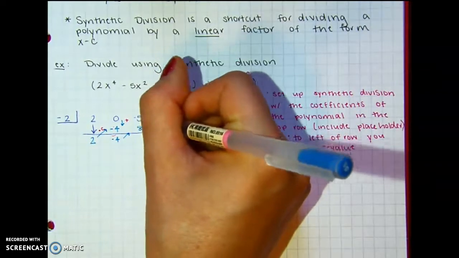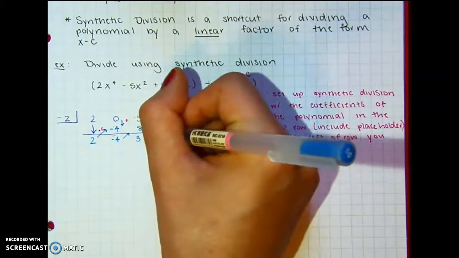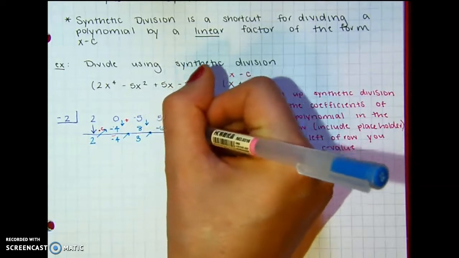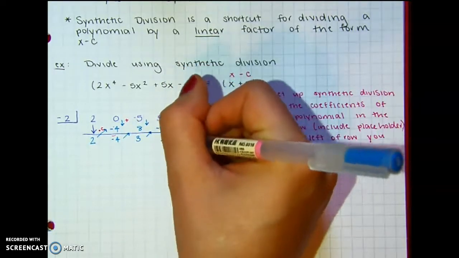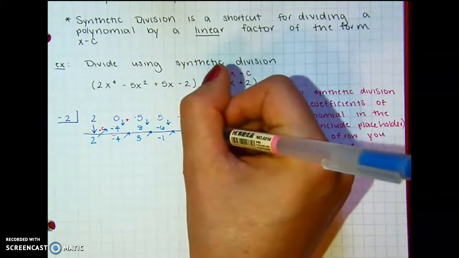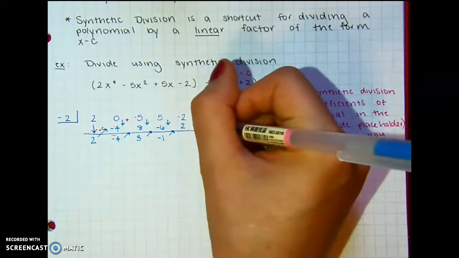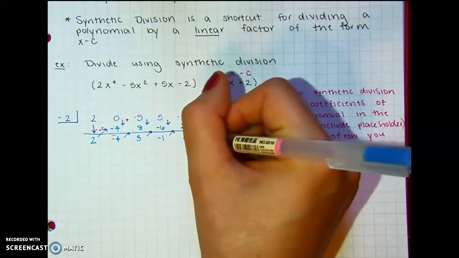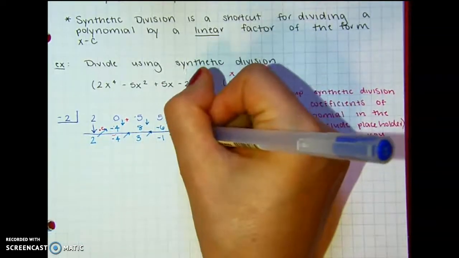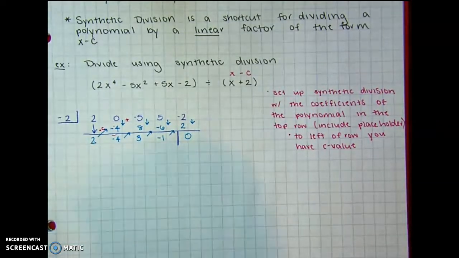And then we add going down, so negative 5 plus 8 is 3. Multiply by c, so 3 times negative 2 is negative 6. And then we add, so 5 plus negative 6 is negative 1. Multiply, negative 1 times negative 2 is 2. And then we add. We get 0. Alright, so I like to put a little box here too, because the last number you get, this is going to be your remainder.